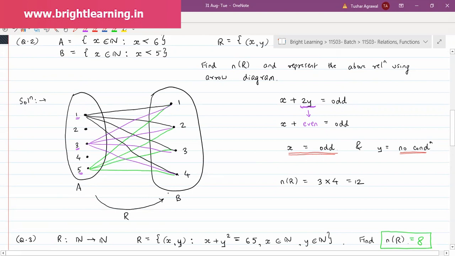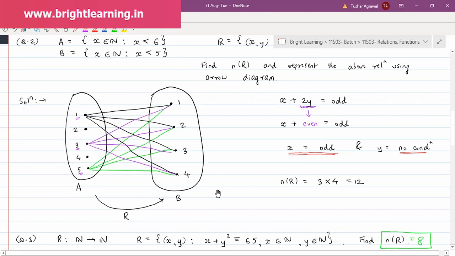A relation is a proper mathematical word. You can also say that R is a mapping from set A to set B. Whether you say relation or mapping, it's one and the same thing.